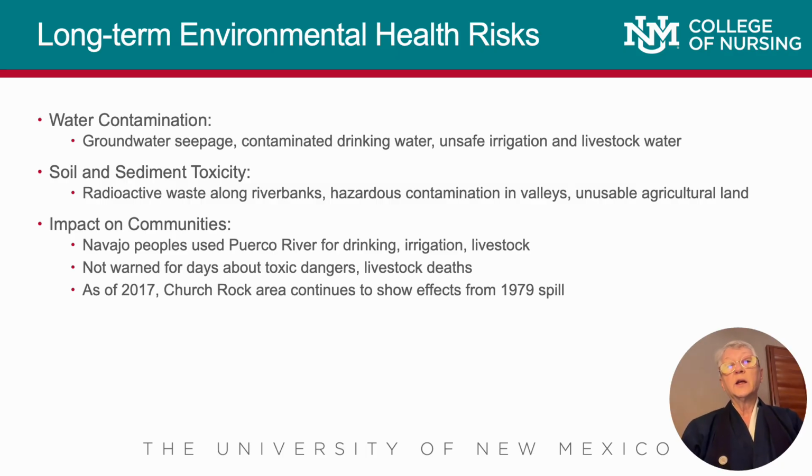Livestock died, and remember, livestock are essential to the economy and culture of these communities. Here's the sobering reality. As of 2017, 38 years after the spill, the Church Rock area continues to show the effects of the 1979 spill. This is what we mean by long-term health impacts. These are not problems that go away quickly.